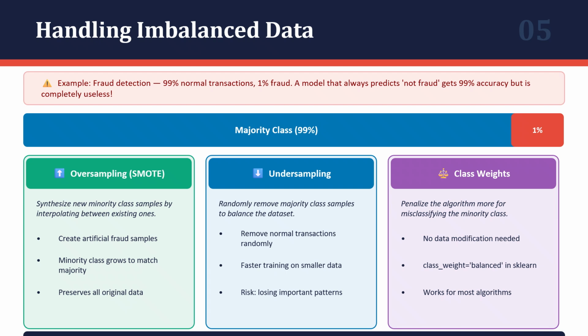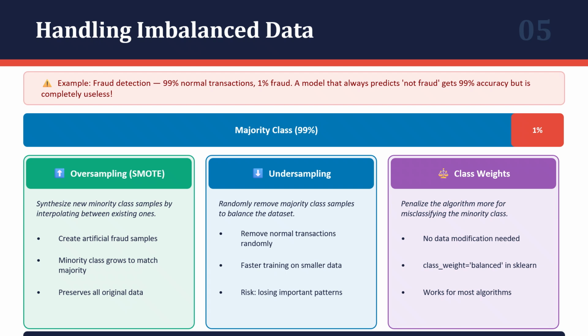So the accuracy paradox: in fraud detection with 1% fraud, always predicting not fraud gives 99% accuracy. But this model misses all fraud cases completely and is worthless. So the solution is SMOTE, that is nothing but synthetic minority oversampling technique.